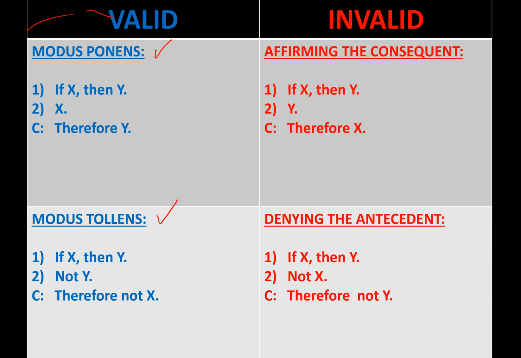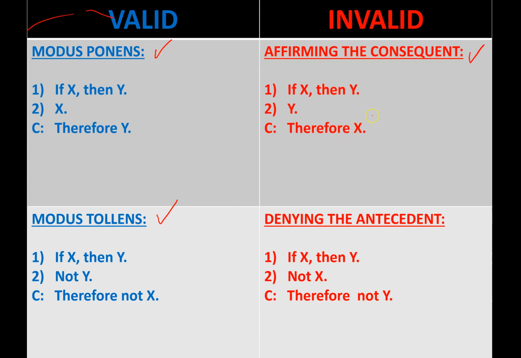And then there are two corresponding invalid forms, right? Those are known as affirming the consequent and denying the antecedent. So let's take a look. Affirming the consequent. If X, then Y. Well, you got Y, so you're affirming or saying yes to Y, which is the consequent.